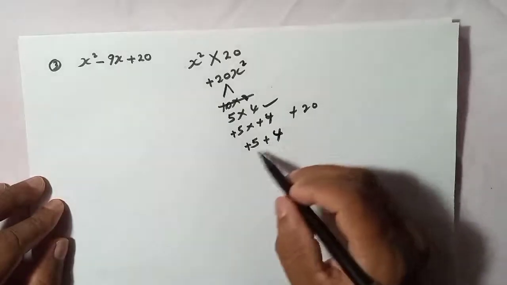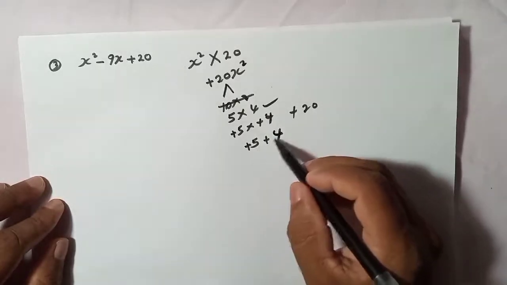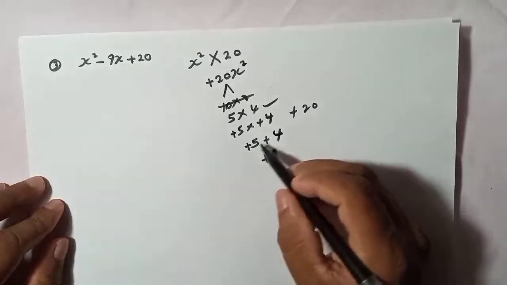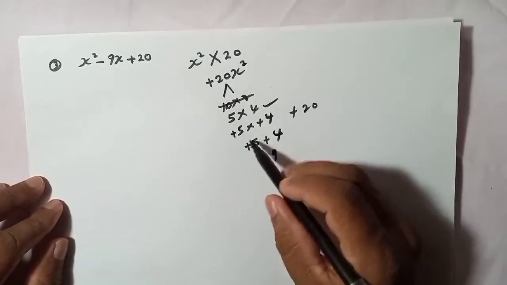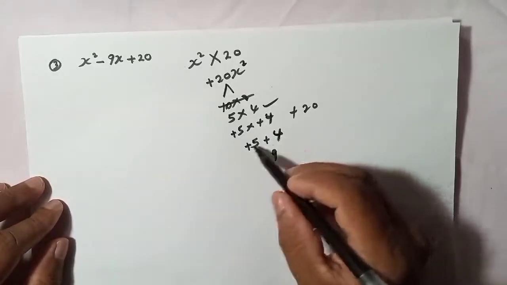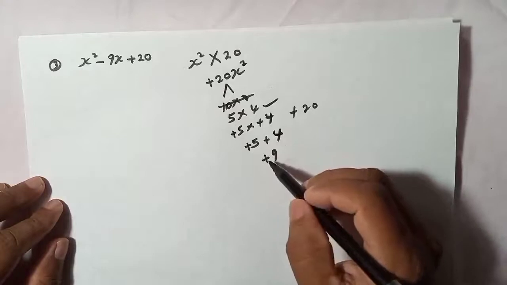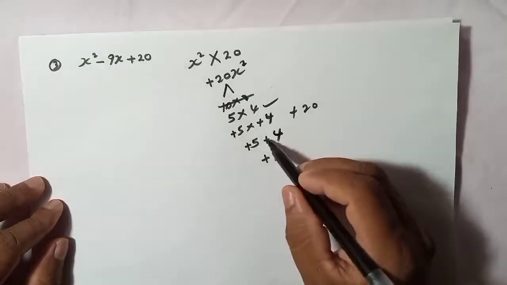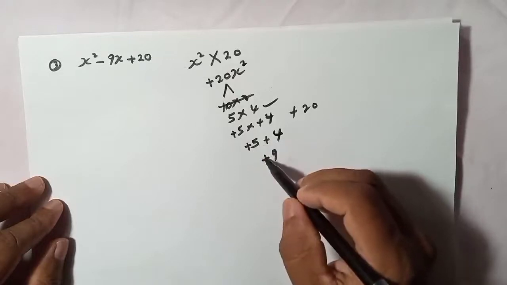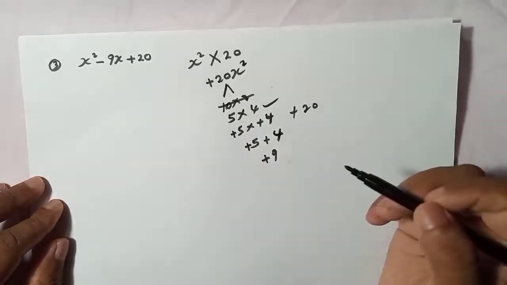Now when you add these two, plus 5 plus 4 will be plus 9. If you have the same sign, without multiplication or division, we put the same sign and add both, same sign and sum. You can remember it with the S, same sign then sum. Here we have the same sign, so put the same sign and sum, 9, right?